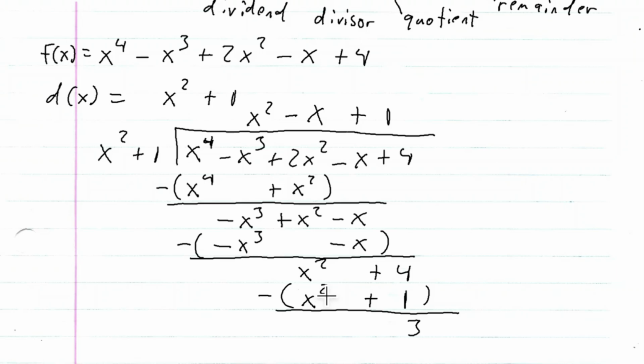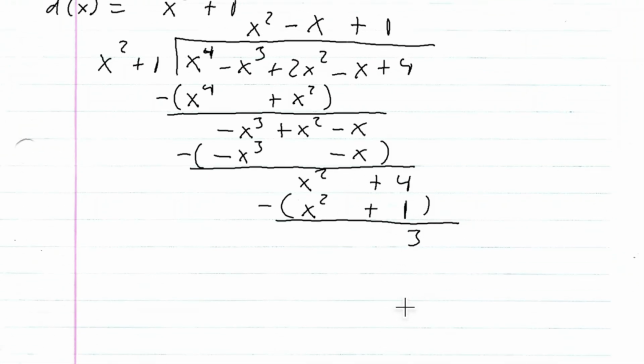So now I know my quotient and I know my remainder. My quotient is x squared minus x plus 1. And my remainder is actually constant. It's a 3.